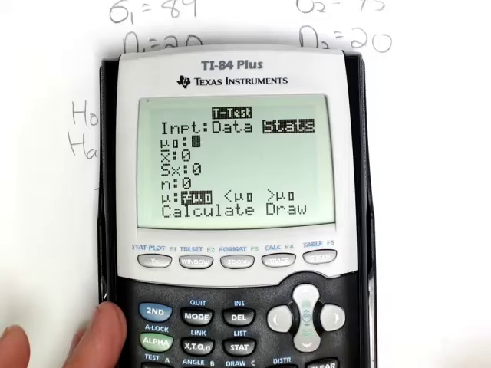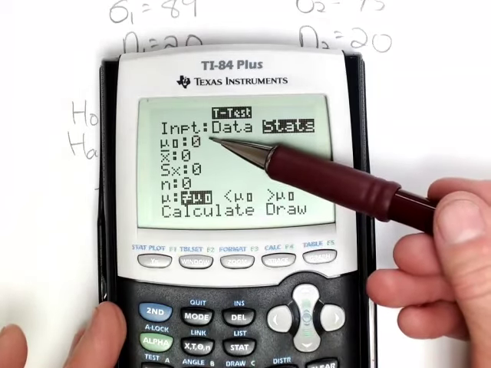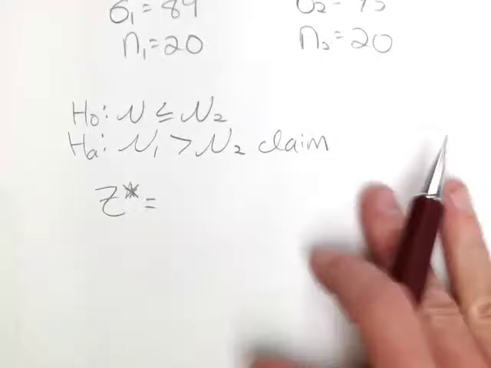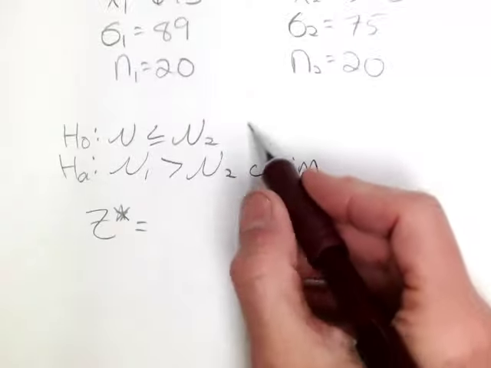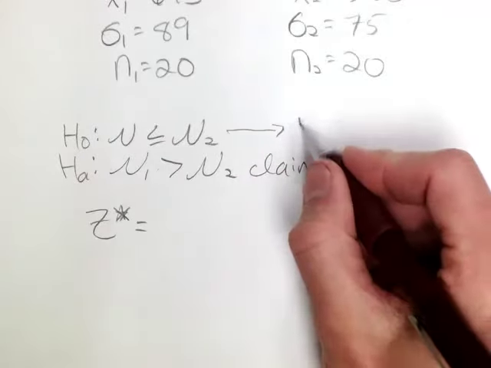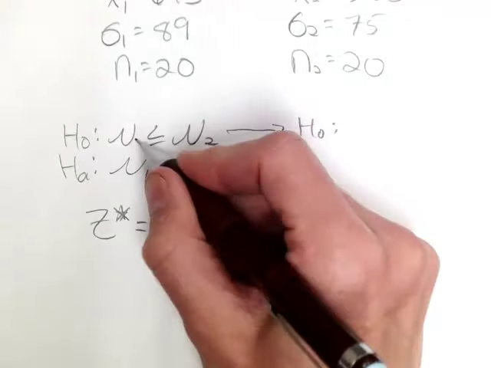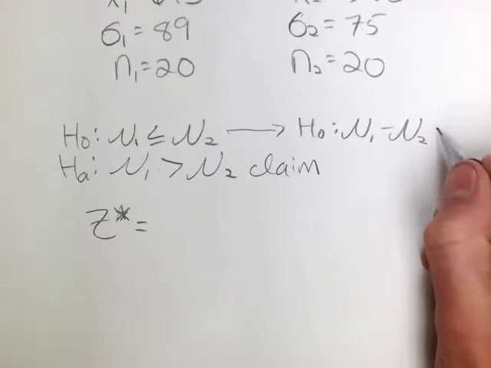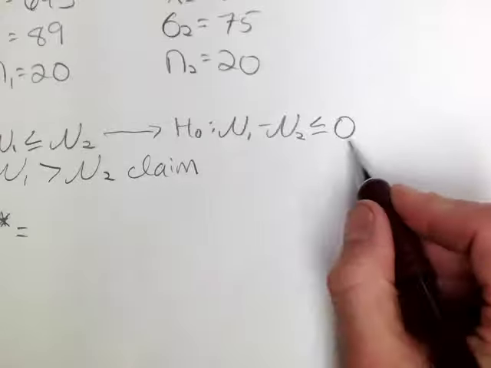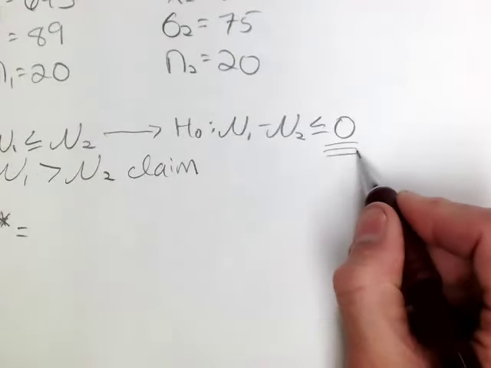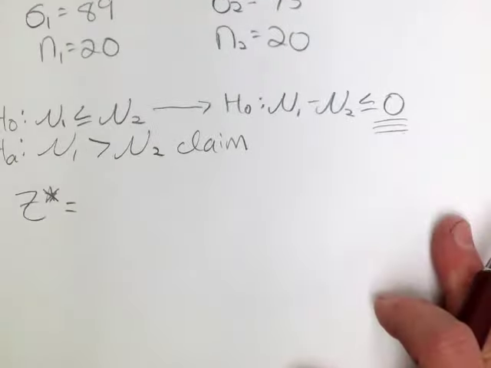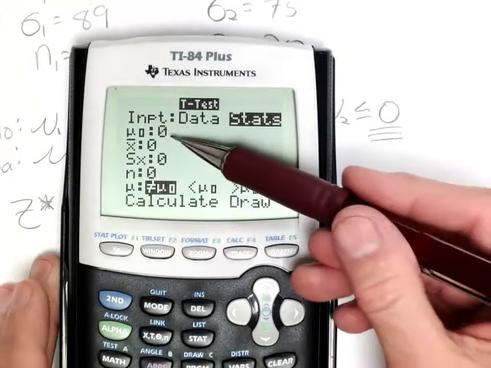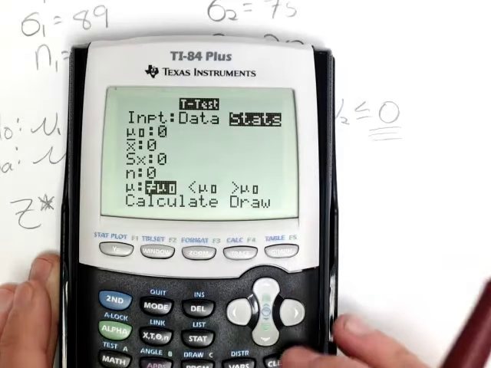This null parameter here from the hypotheses I want to keep as 0, because remember, an alternative way to express this is mu sub 1 minus mu sub 2 is less than or equal to 0. So on the right side of this inequality I have 0. So we're actually testing whether or not there is a difference between these two means. So I want to leave that at 0.